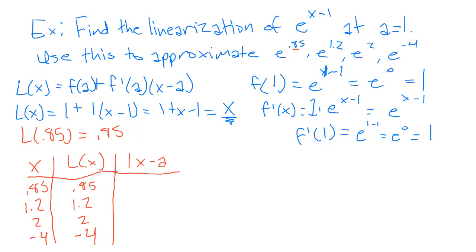If we do 0.85 minus 1, that is going to get us negative 0.15, but we're taking the absolute value, so that is 0.15. 1.2 minus 1 is just 0.2. 2 minus 1 is just 1. And negative 4 minus 1 is negative 5, but the absolute value gives us 5.